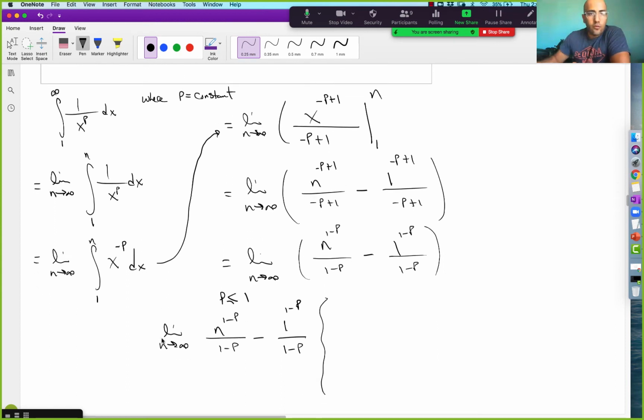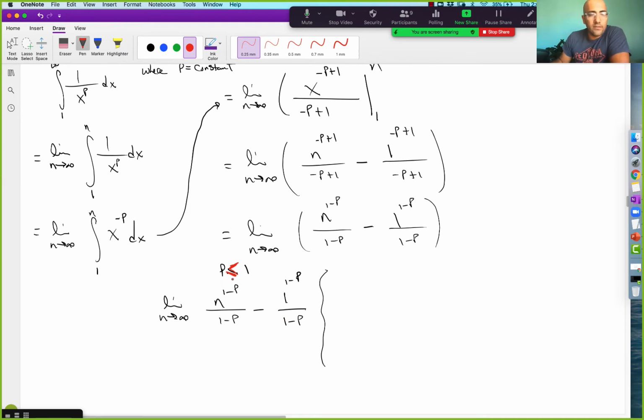Okay, so for p less than or equal to 1, considering this, this is when p is a little smaller than 1, just a tiny bit smaller than 1.